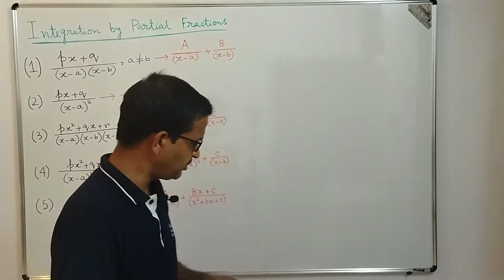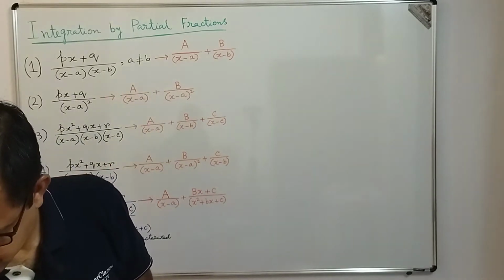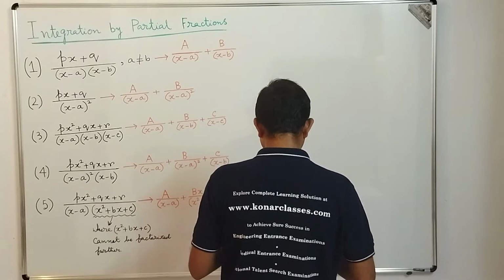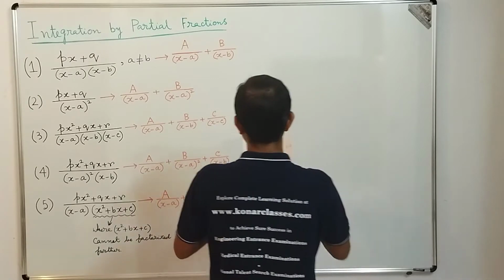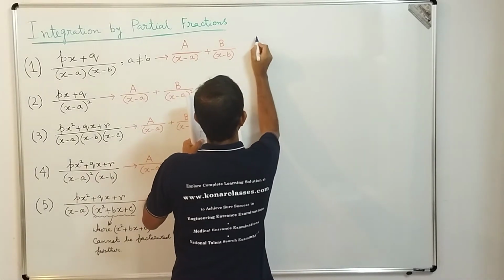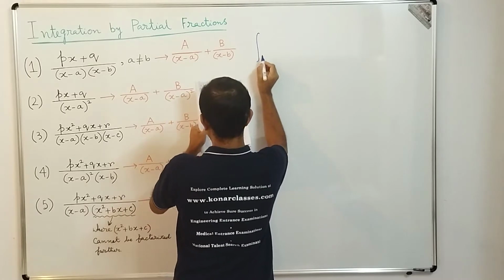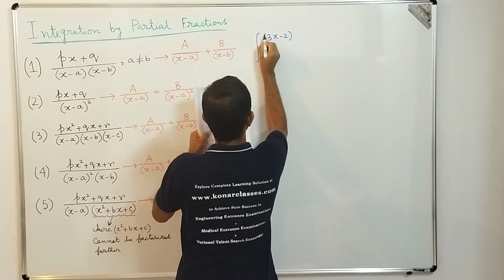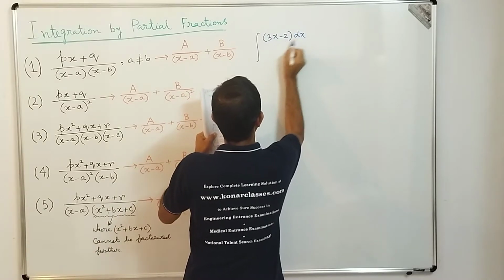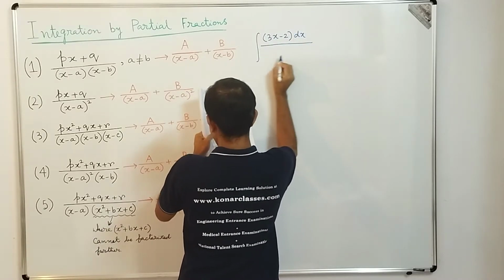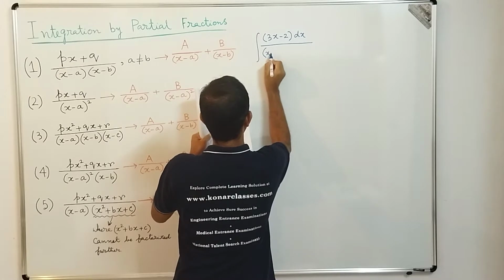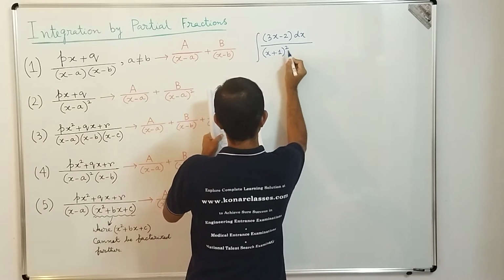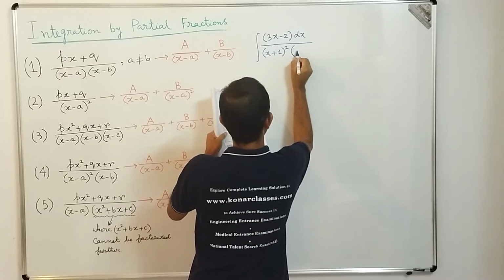So first one, I'm just going to give you this one from my note, and you also do along with me. That is very important, so that things will be very clear. So here the integration is, in the numerator it is 3x minus 2 dx, and in the denominator it is x plus 1 whole square into x plus 3.